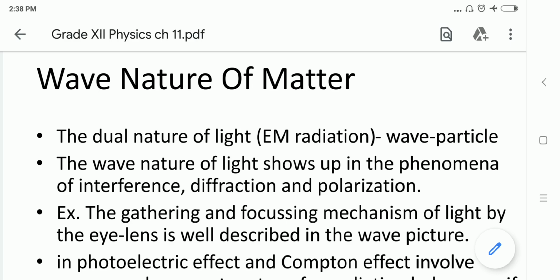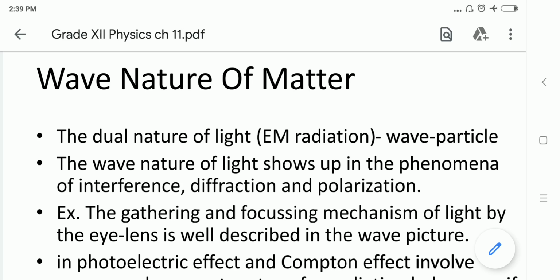Here in the photoelectric effect and the Compton effect, the energy and momentum are transferred, and the radiation behaves as a bunch of particles, defined as a photon, which is a particle, a quantum discrete effect.